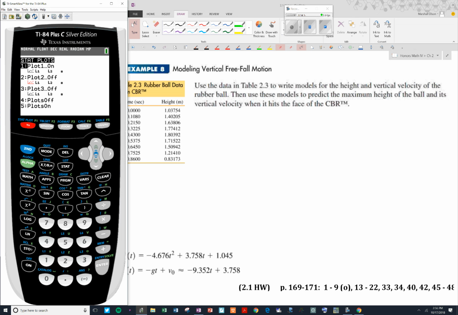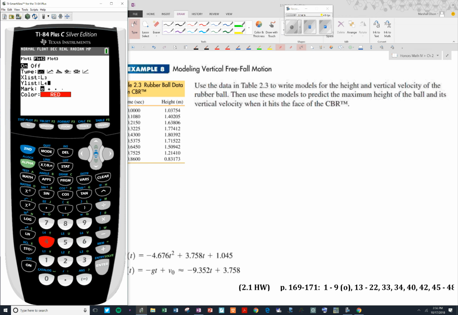I'm going to turn my first stat plot off, because that's got list 1 and list 2 in it. And then I'm going to turn my second stat plot on and make that list 3 and list 4 here. So second 3 and second 4.